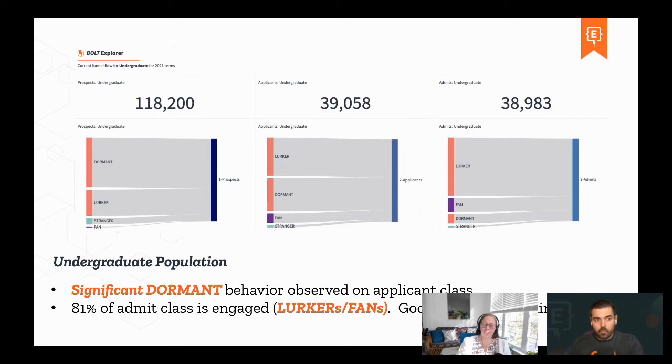So one university partner we're talking to, well, actually more of them, but essentially we're able to identify weaknesses in the funnel and weaknesses in their communication approach based on these engagement models.